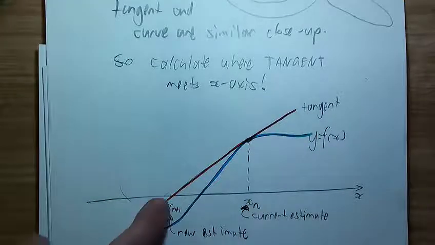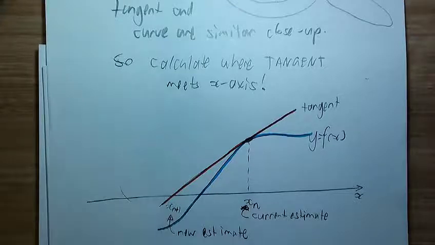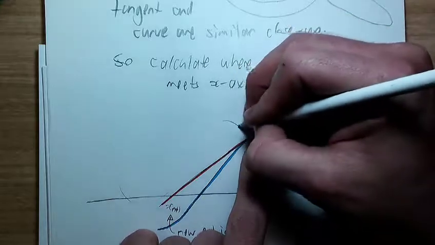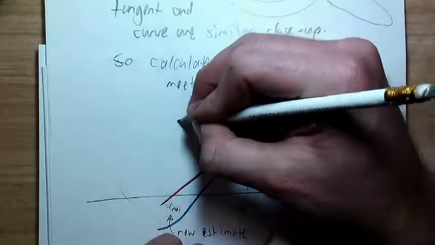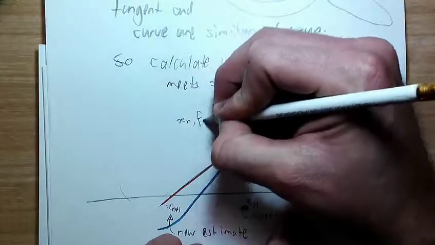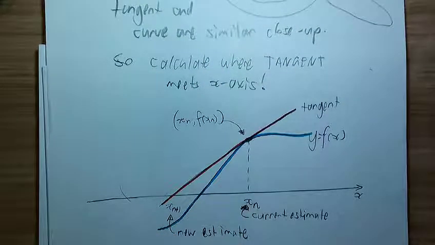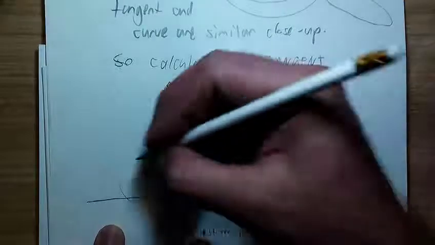So I want to know what this point is here. That's what I need to figure out. This point here is xn, f of xn. That's how I figure out the y-coordinate of that point. I sub xn into the function and it tells me what the y-coordinate is. Now, this point has a y-coordinate of 0.